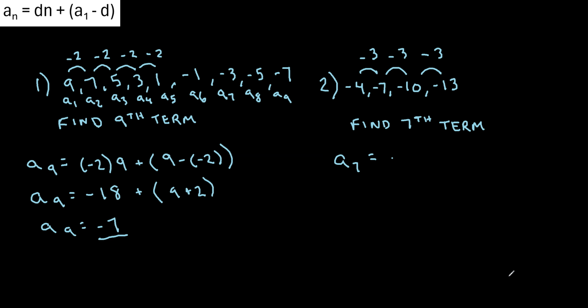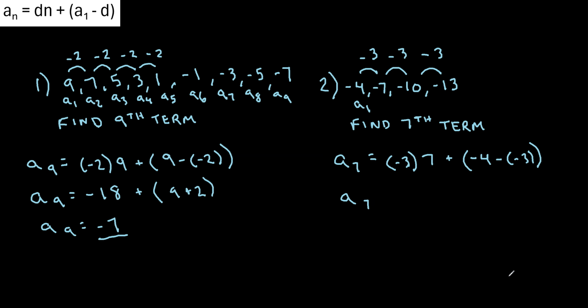We'll write a sub 7 is equal to negative 3 multiplied by n, so n is 7 in this case, plus a sub 1. Remember, a sub 1 is just the first term in the sequence. That's negative 4. So we'll have negative 4 minus the common difference, which we found was negative 3. Let's go ahead and simplify.